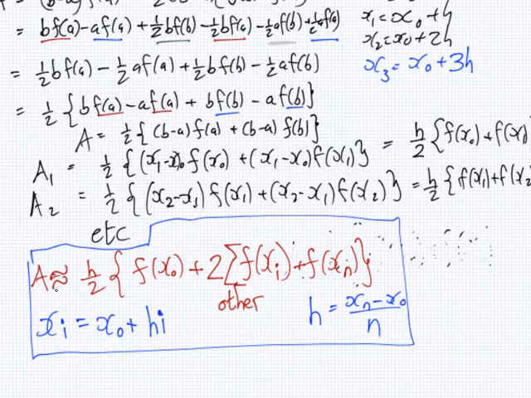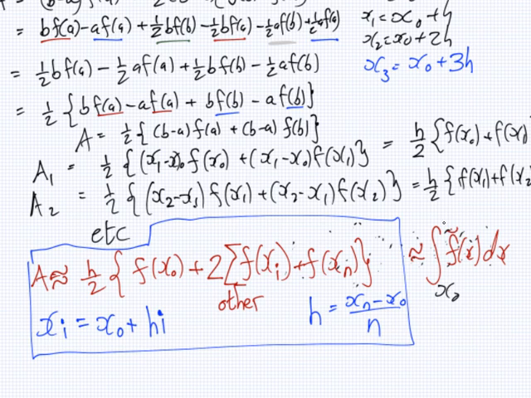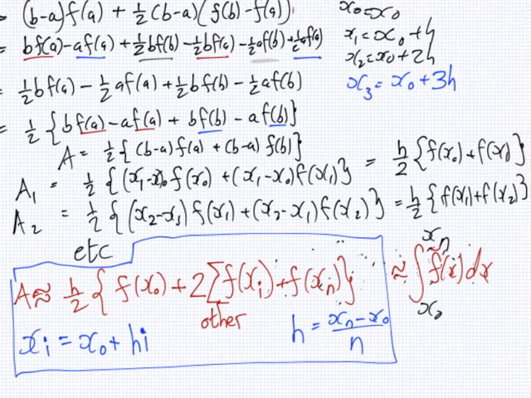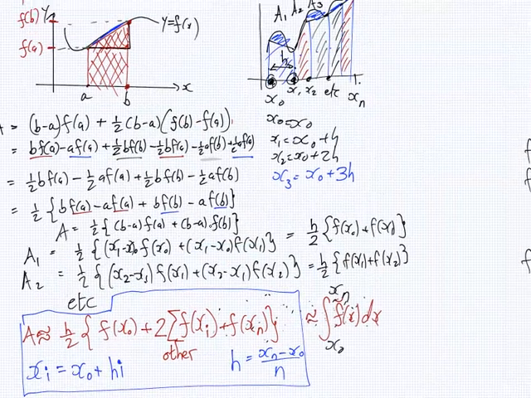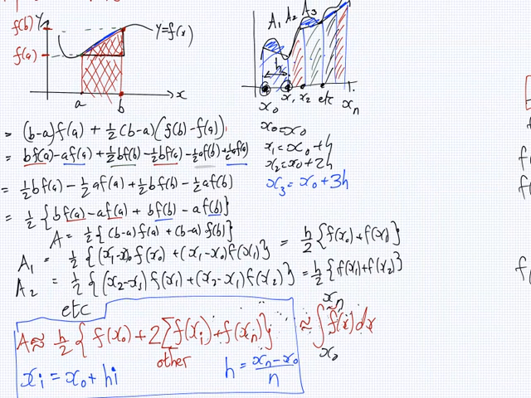Or in other words, you can say this is roughly the integral from x0 to xn of f(x) dx. Okay, so there's a lot here to write down, but that's the theory for this lesson, and we'll look at examples now.